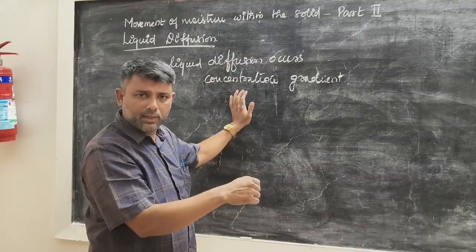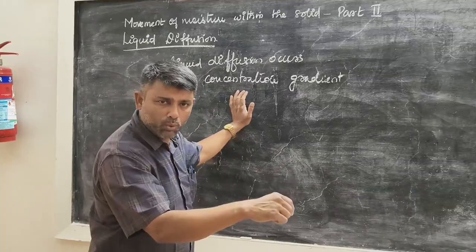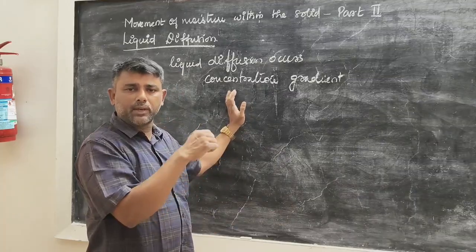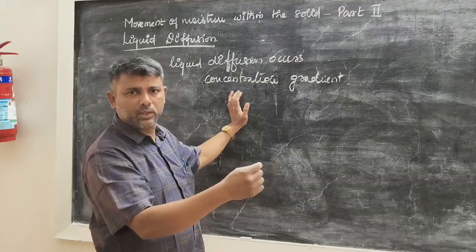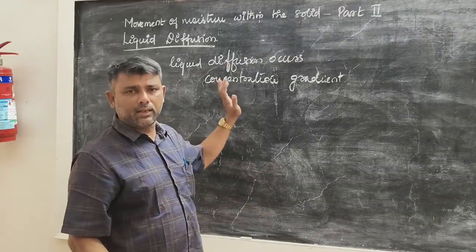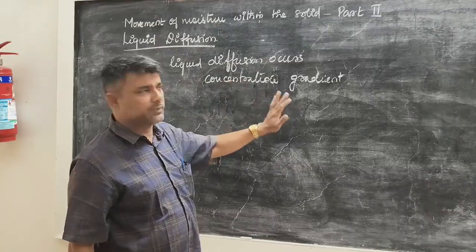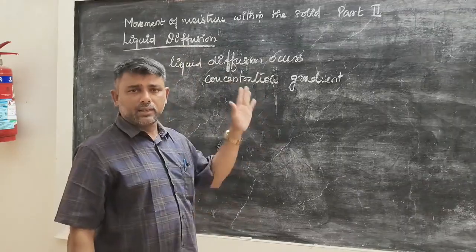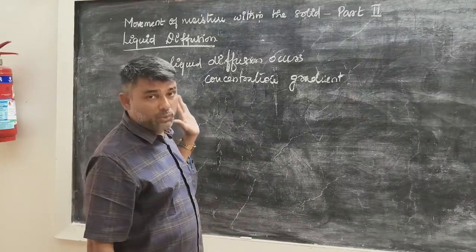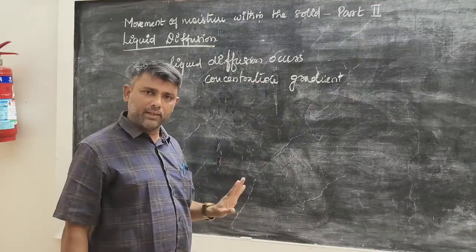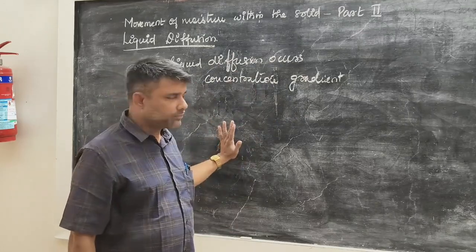At the depth, the moisture concentration is more. At the surface, it is less. Concentration difference with respect to distance is called concentration gradient. This concentration gradient is the main cause for the liquid diffusion. It is set up during drying from the surface to the depth of the solid. Clear? This is base information.